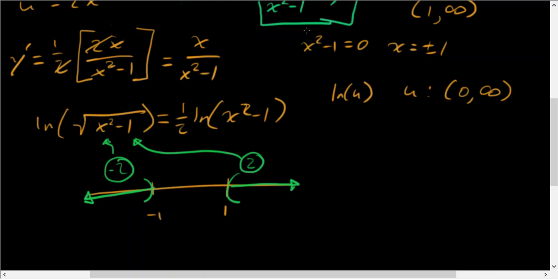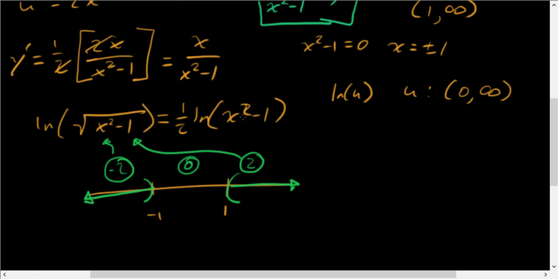But what about values in between? Well, numbers between negative 1 and 1. Notice if you plug them in here, between negative 1 and 1, those are fractions. Or if we just picked a test value of 0, plug it into either one of these, you get natural log of a negative number or a square root of a negative number.